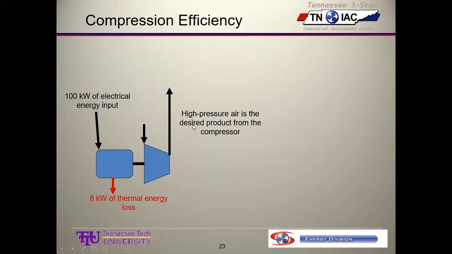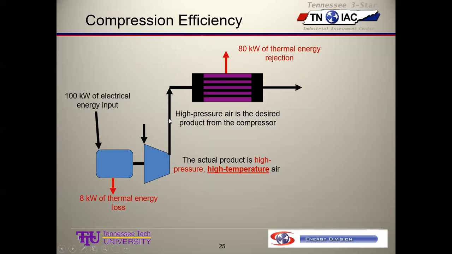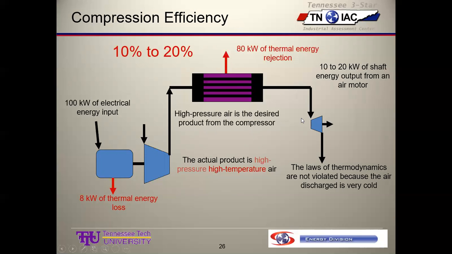Okay, but we note that high pressure air is a desired product from the compressor. But what do I really get? I get high pressure, high temperature air again. And so coming out of the compression element, I have a heat exchanger where I'm going to throw roughly 80 kW of thermal energy away to the atmosphere. And then if I have 10 to 20 kW of shaft energy output from the air motor, this is what I get out of this.